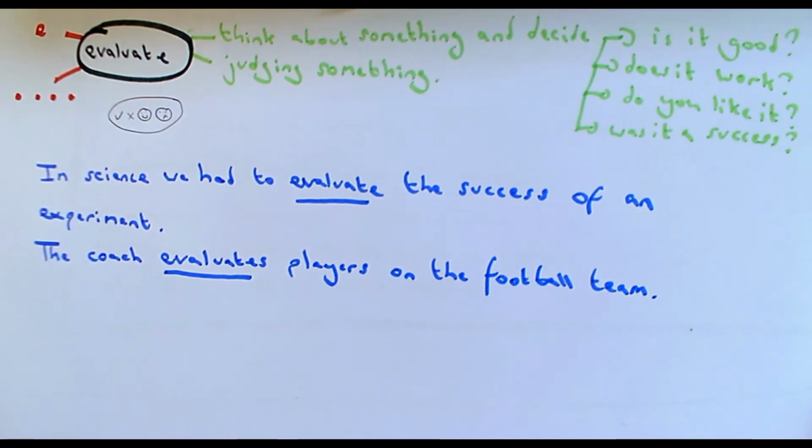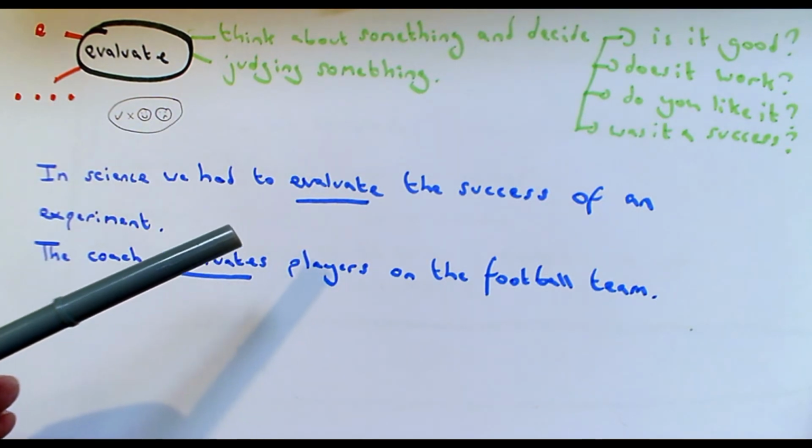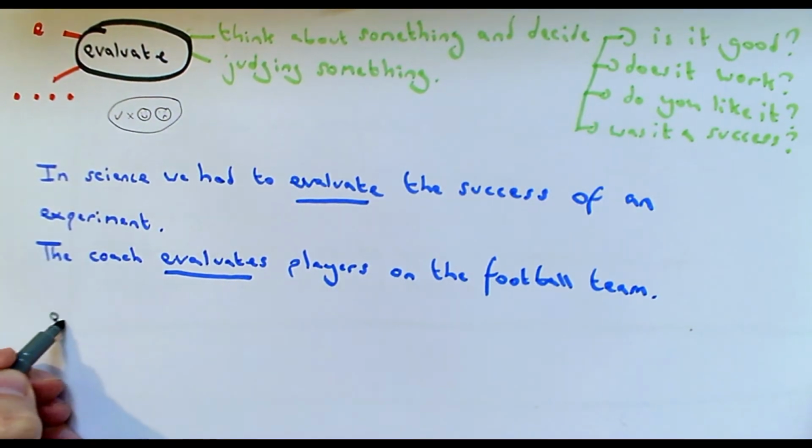And then finally, grey for another way. So other ways you might hear the word or see the word, read the word. So when you're judging something, that's what you're doing. You are evaluating.